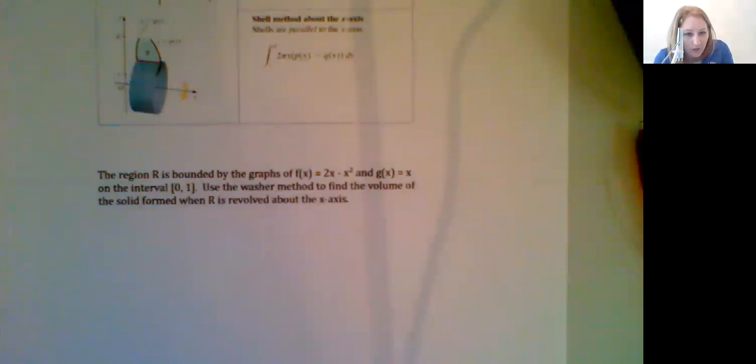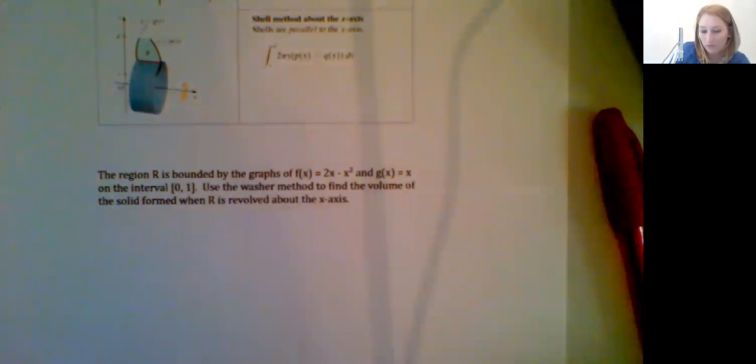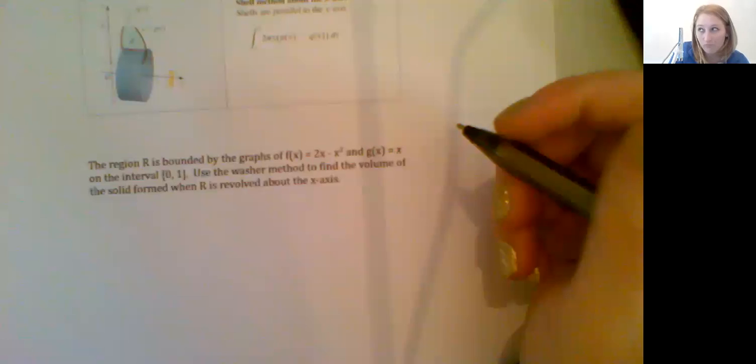So in this case, we're going to use the washer method to find the volume of the solid formed around the x-axis, okay? So this is like what we were doing in section 6.3.